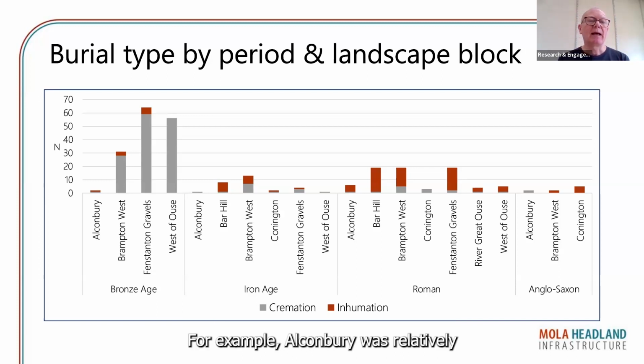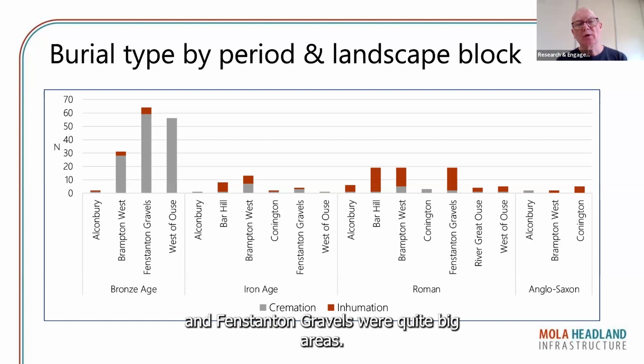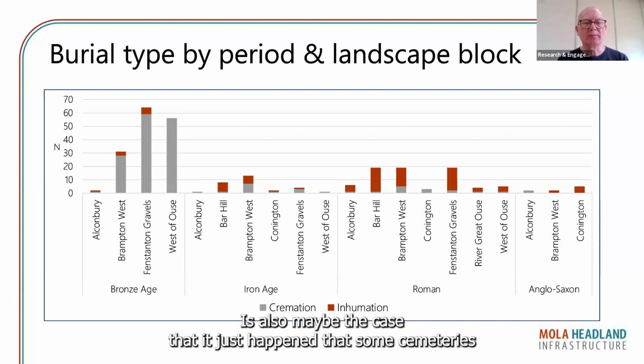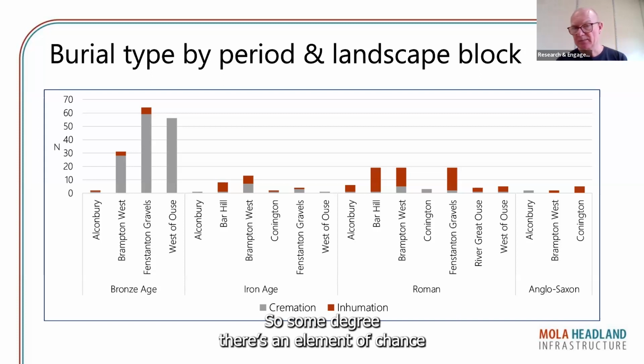For example, Alconbury was relatively small and contains very few burials, whereas Brampton West and Fenstanton Gravels were quite big areas. It is also maybe the case that it just happened that some cemeteries occurred in areas that we excavated and outside other areas that we excavated. So to some degree, there's an element of chance.